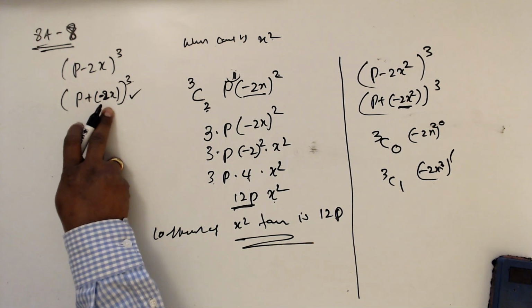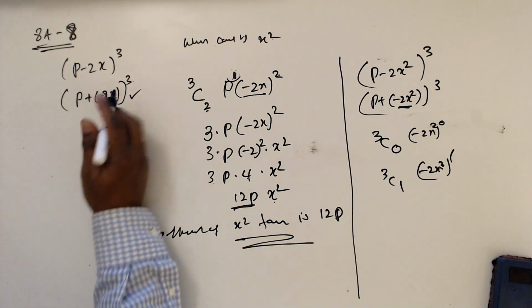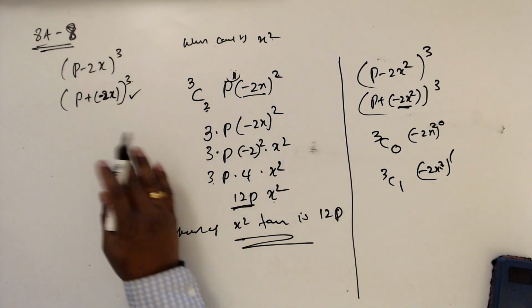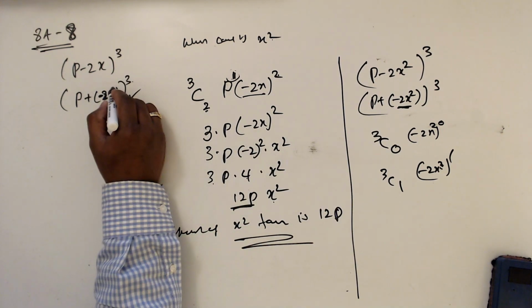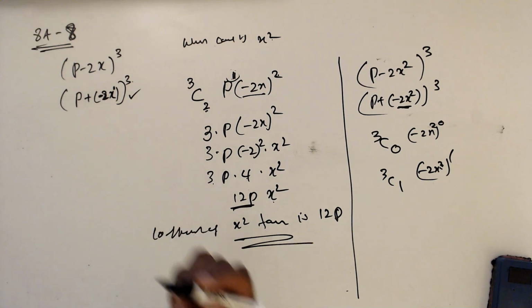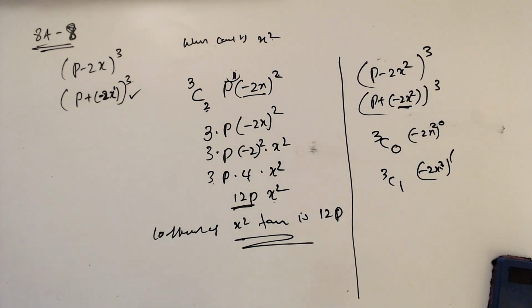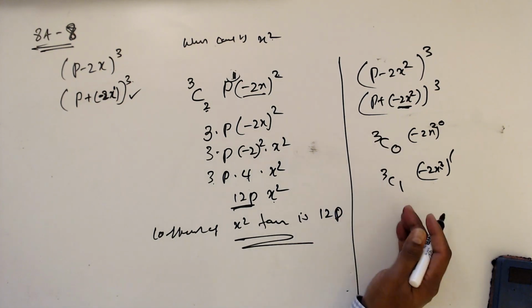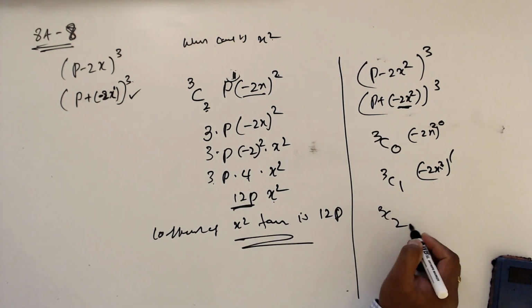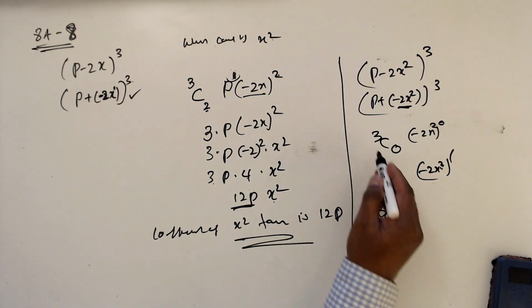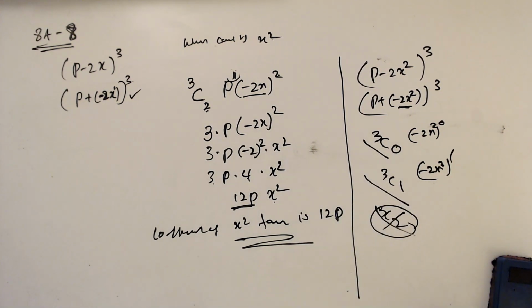It totally depends on the x power of this. There is no problem at present because this x power is 1. The time the x power starts changing, you have to think, it's no more 3c2. You have to think and get the right term.